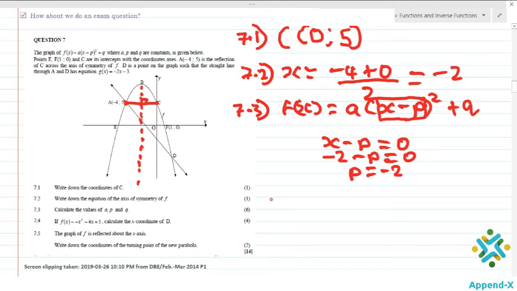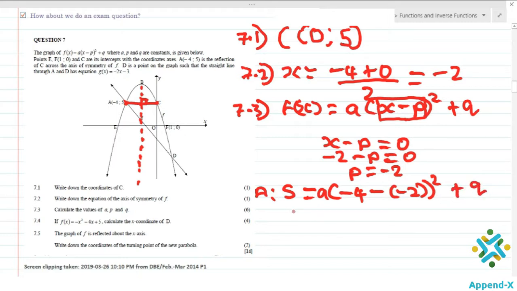Now that we have p, we can move on and determine the values of a and q. To do this, we are going to use the two points A and F, and substitute those points into this equation. Substituting the point A, y is 5, and this is equal to a, x is -4, minus p, which is -2, squared, plus q.